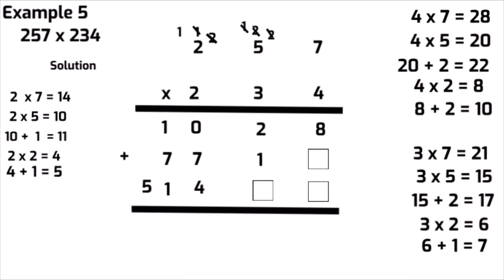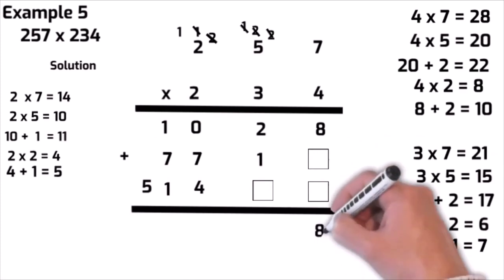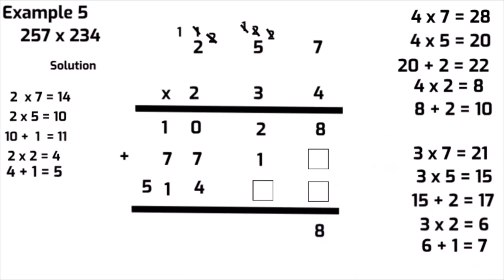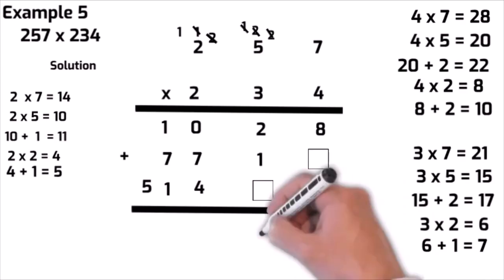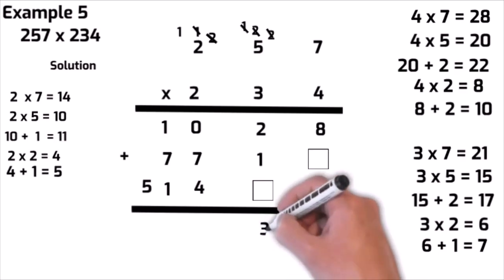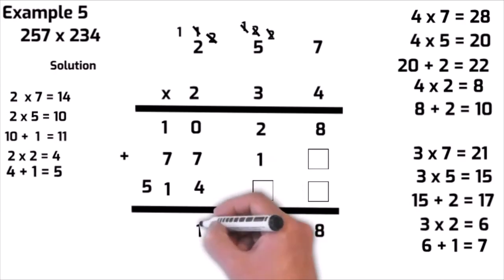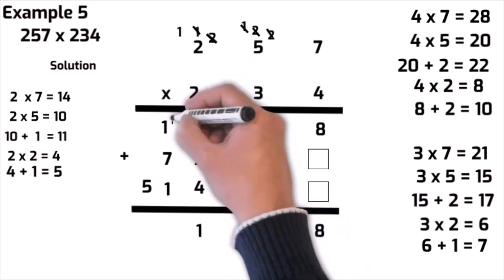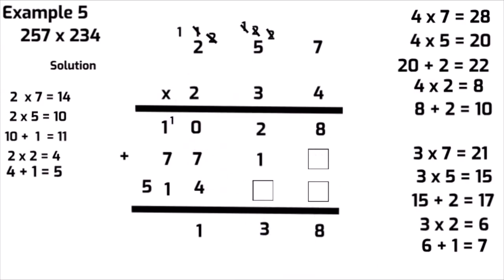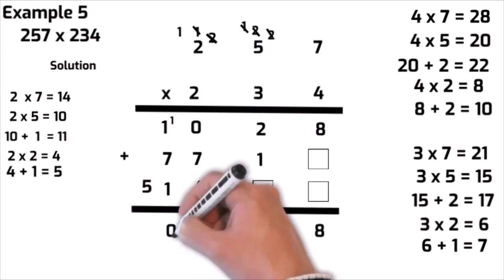8 plus 0 gives us 8. 2 plus 1 plus 0 gives us 3. 0 plus 7 plus 4 gives us 11. So we write 1 and carry 1 to the left. Now, 1 plus 1 plus 7 plus 1 gives us 10.